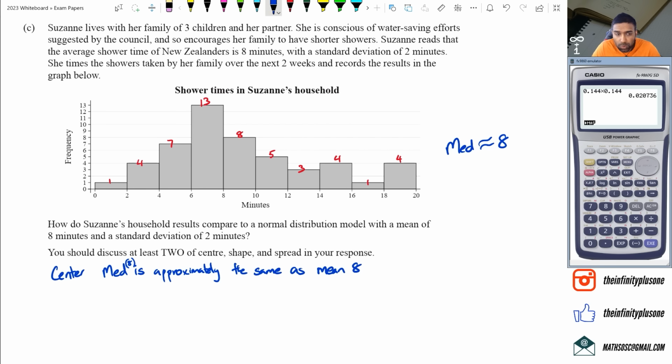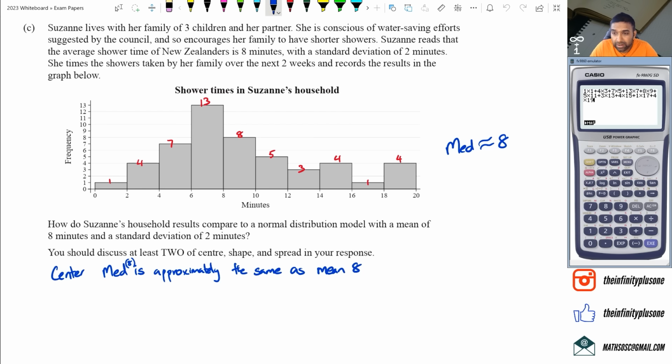You could also work out the actual mean of this. What I mean by that is I've got 1 times 1, plus 4 times 3, which is the middle of 2 and 4, plus 7 times 5, plus 13 times 7, plus 8 times 9, plus 5 times 11, plus 3 times 13, plus 4 times 15, plus 1 times 17, plus 4 times 19.